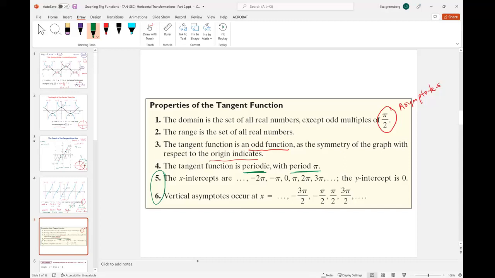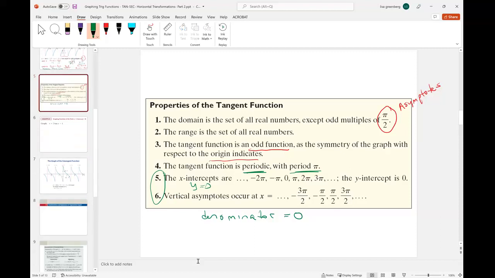We're just trying to find the x-intercepts, which is just where y equals 0. And the vertical asymptotes is where the denominator equals 0. That's what you should just remember for x-intercepts and vertical asymptotes. I definitely wouldn't try to memorize that.